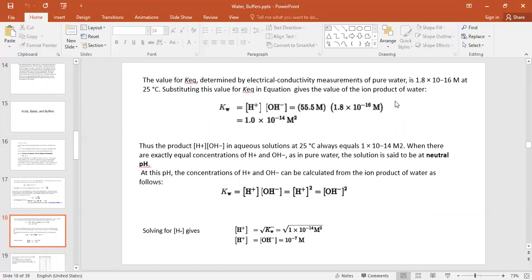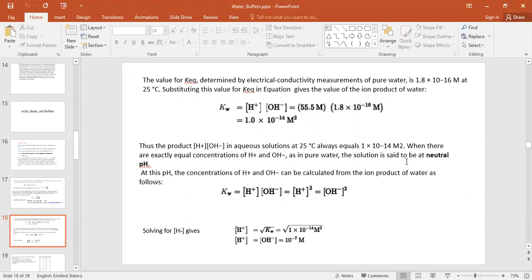So substituting this, we'll get that the ion product of water is this 1 times 10 power minus 14 moles square. Thus the product in aqueous solution at 25 degrees Celsius always equals this 1 times 10 power minus 14 mole square, when there are exactly equal concentrations of hydrogen ions and OH ions as in pure water.